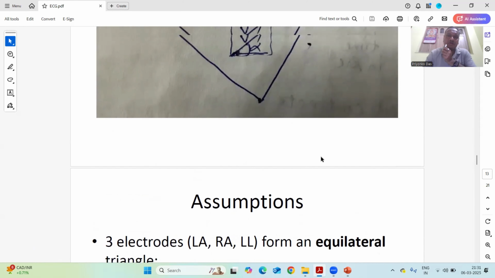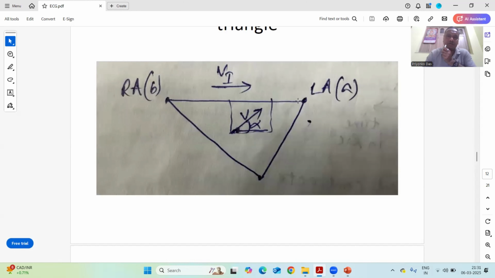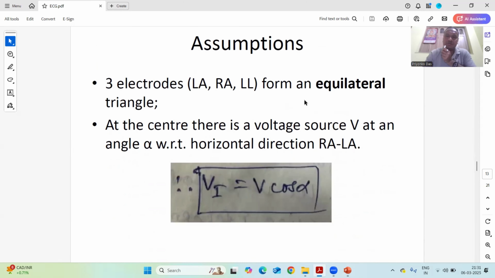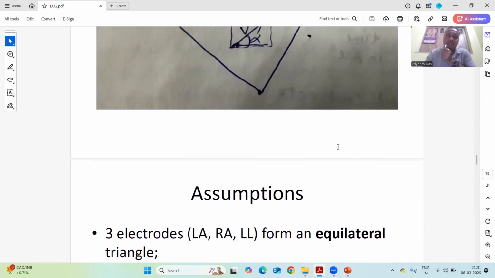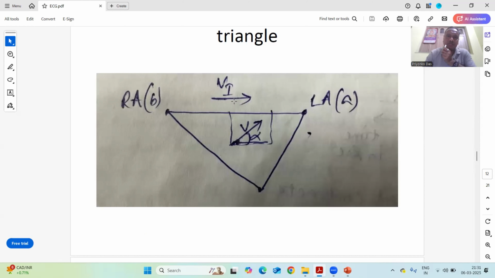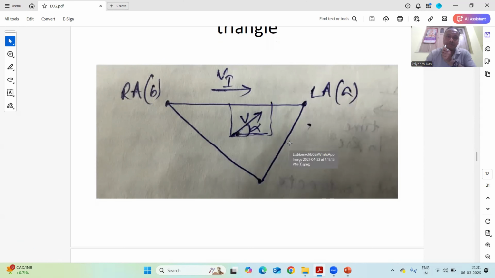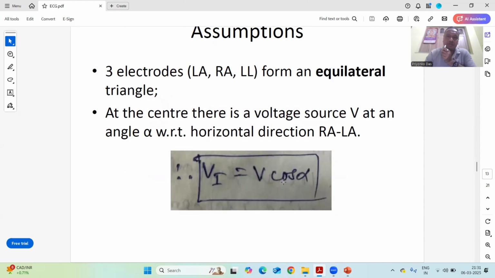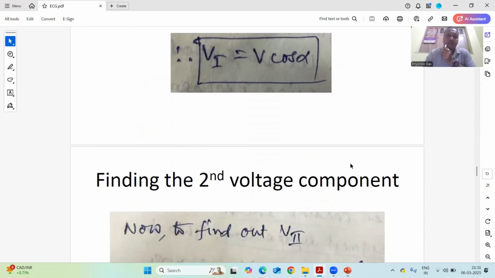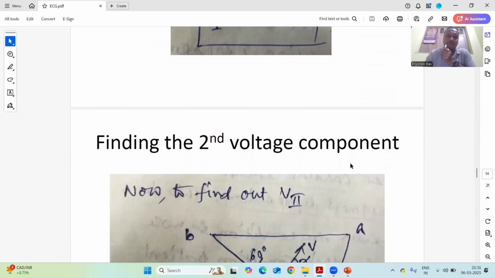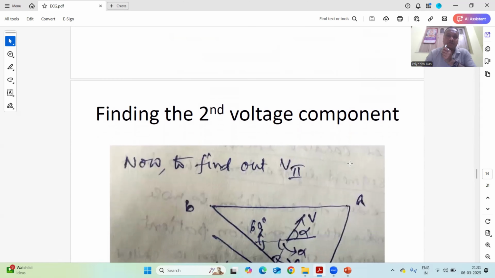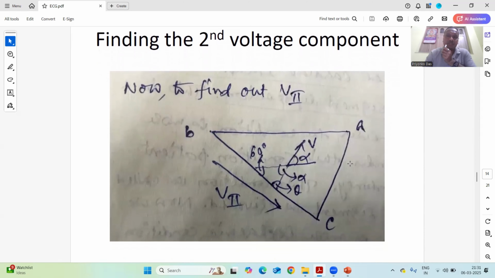So, from right arm to left arm, as per his consideration, the value of V1 will be V cos alpha. Is this clear? Now, to find the second voltage component V2, we have to consider it like this.